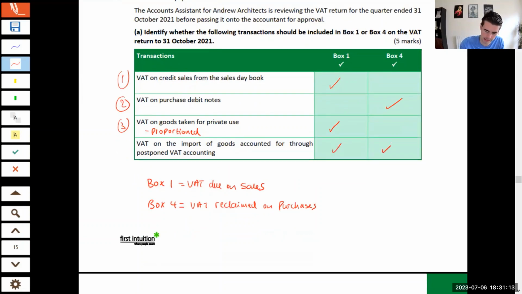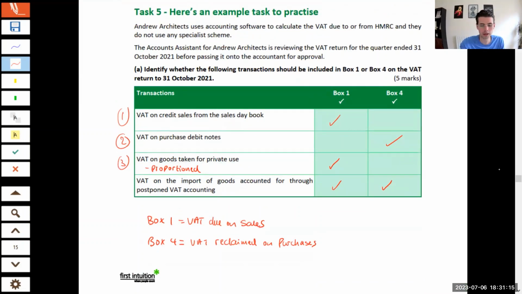Now, admittedly, the question could be a little clearer because it says box 1 or box 4, and it's like, haha, trick question, it goes in both. I think truthfully an AAT exam style question would make it a little clearer. Yeah, exactly, Rob. I wanted to make reference to that because truthfully it's not, in my opinion, particularly reflective.